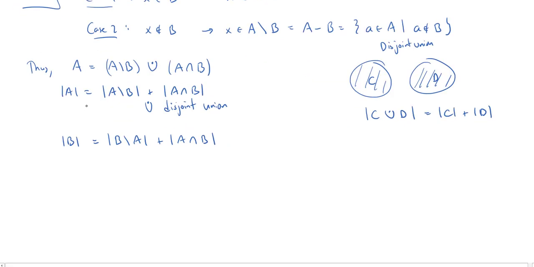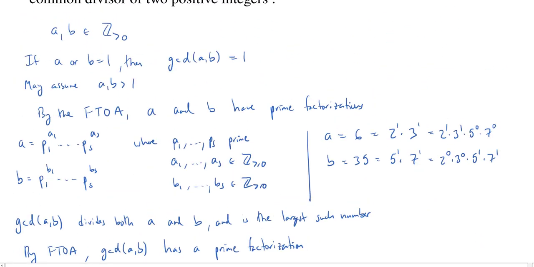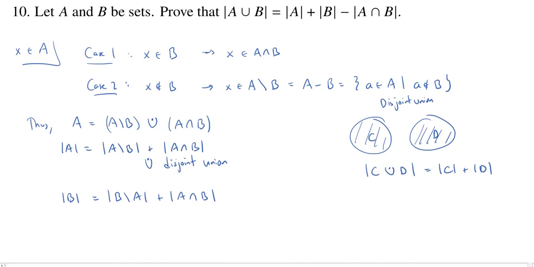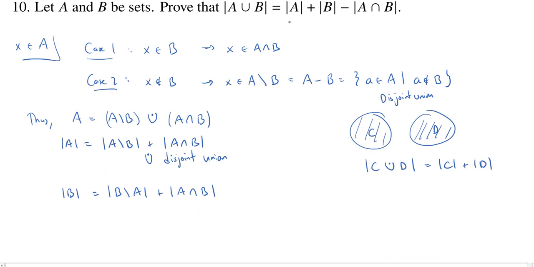Now, once we have this, let's go back up a second. We have now a cardinality of A and a cardinality of B, and that's what this formula has on one side of it. So let's write that down. Cardinality of A plus the cardinality of B. Of course, we want to subtract the cardinality of the intersection. And what does this equal? Well, we have four pieces, two of which are the same.